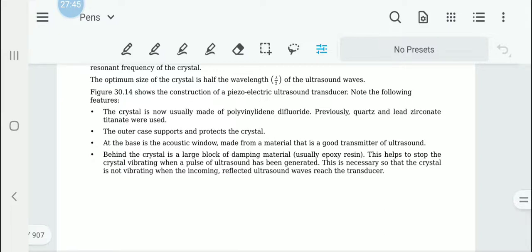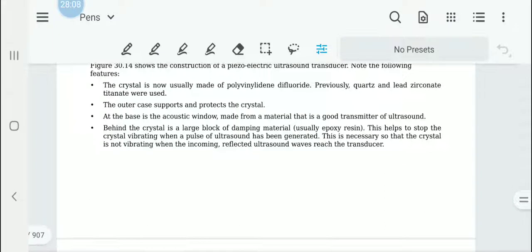In modern day machines, the crystal is made of polyvinylidene difluoride, within brackets: earlier quartz and lead zirconate titanate were used.